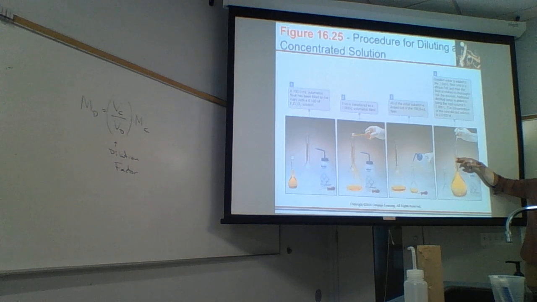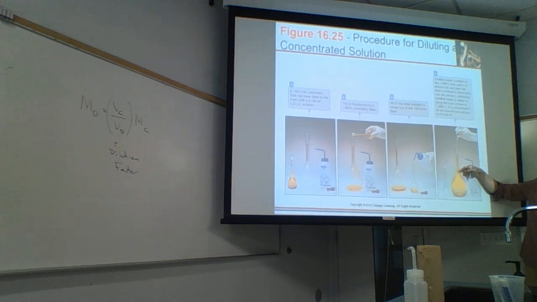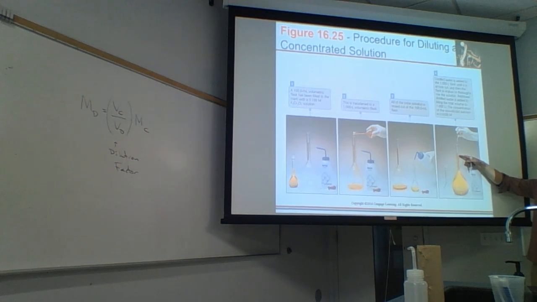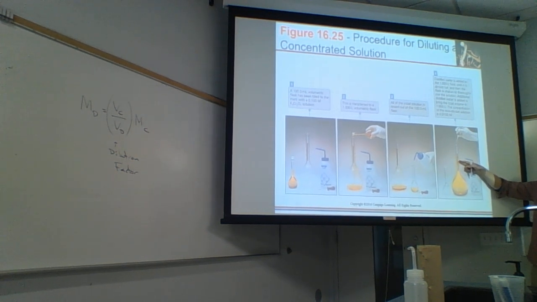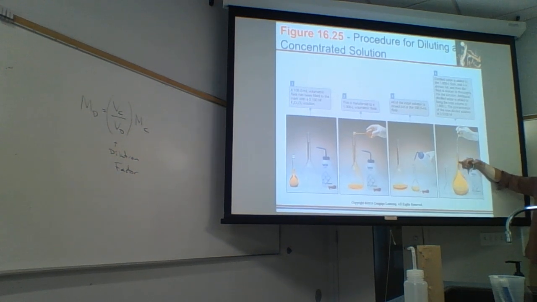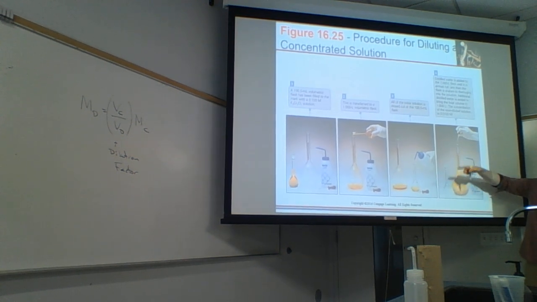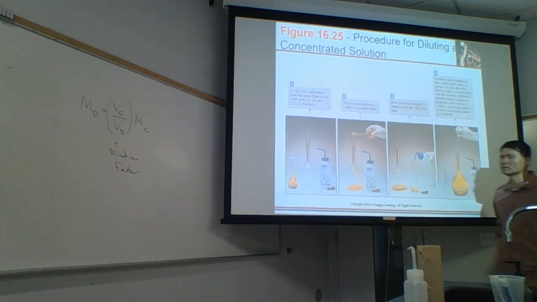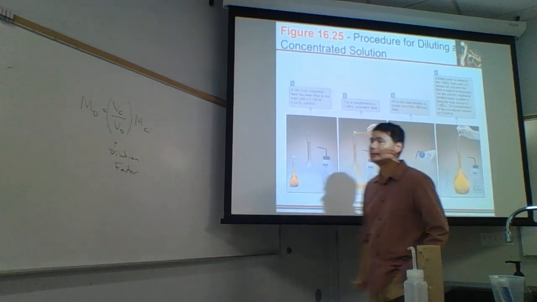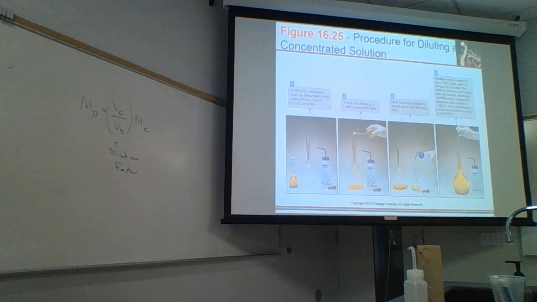The calibration mark is apparently here. They have to be very careful because they don't want to overshoot the calibration. If you overshoot the calibration, there's no going back. You have to dump it and start over again, basically. And so here, we get it to there, and this is a 100 to 1,000. This is also a volumetric flask, and this is very precise, so it's 1,000.